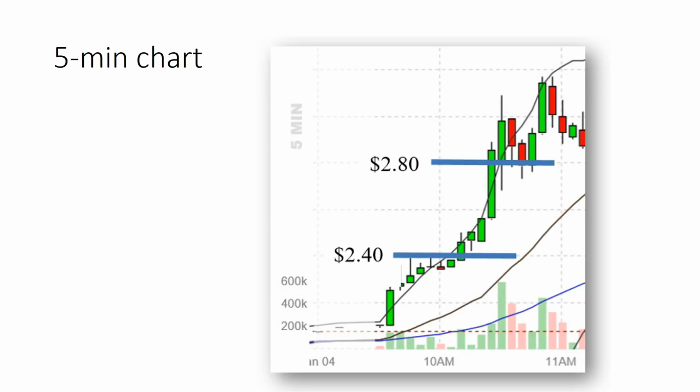and this move from 240 to 280 happened over 1, 2, 3, 4 candles.